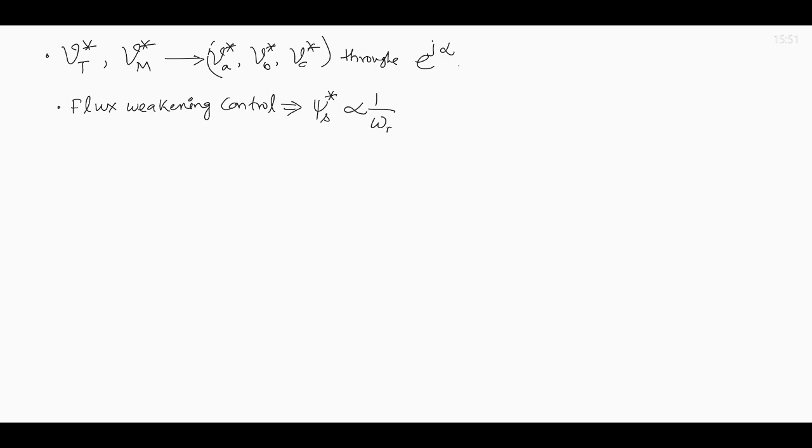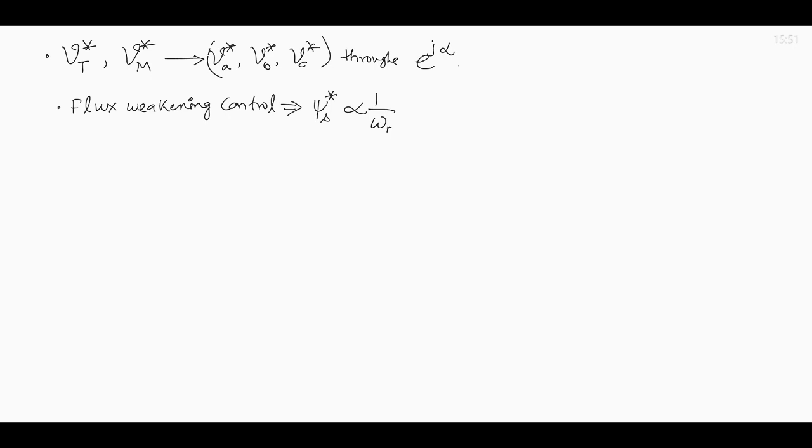The speed loop error generates the torque component of the current It star through a PI controller, and the magnetizing current component Im star, required to establish the flux psi f, is generated from the flux loop error. It star and Im star decide the stator current during the transient period.